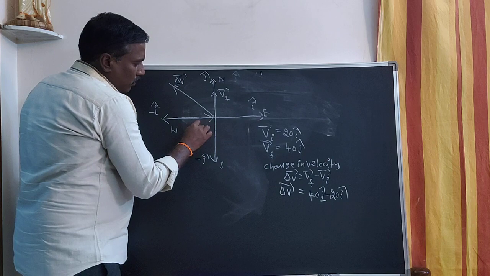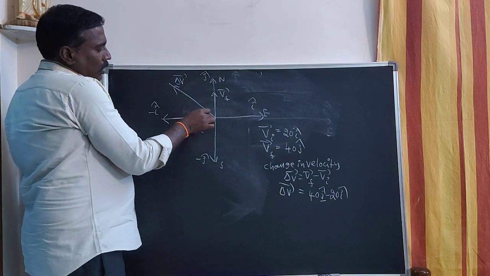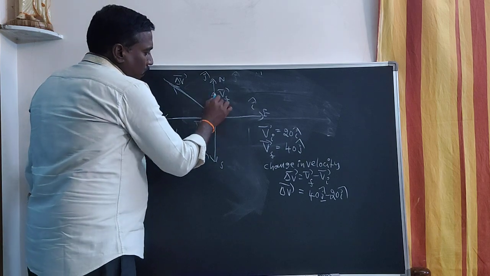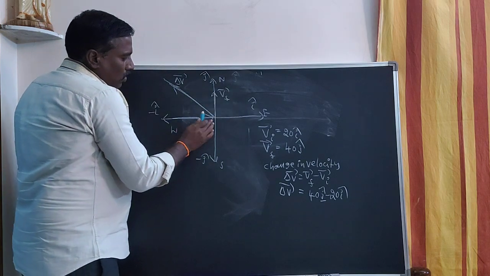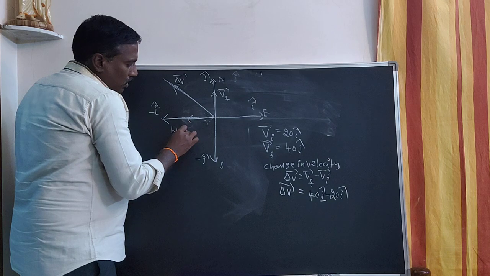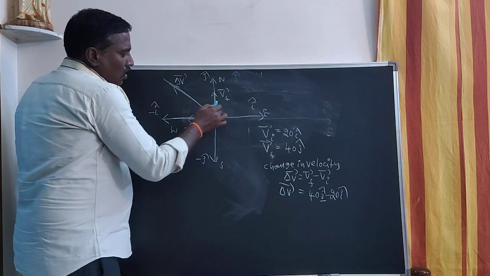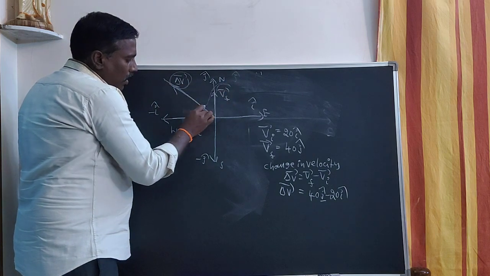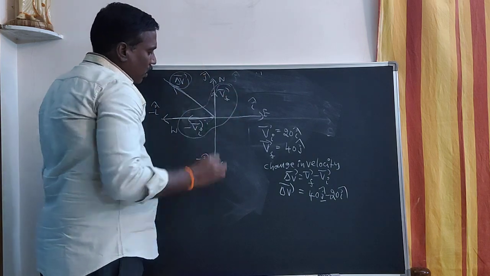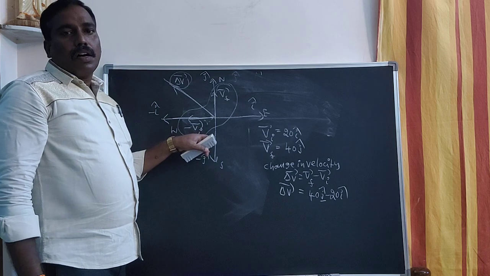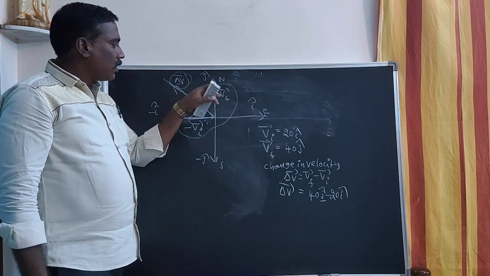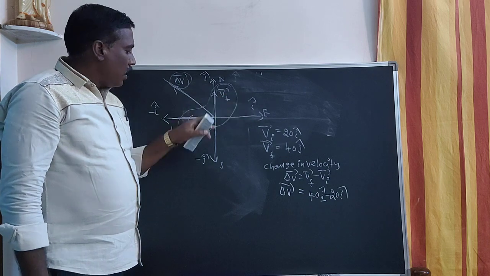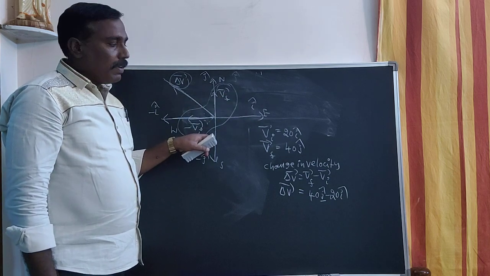The change in velocity is final minus initial, so minus initial is minus V initial bar. So delta V bar is the resultant of V final bar and minus V initial bar. Change in velocity is the resultant of final velocity and negative of initial velocity.